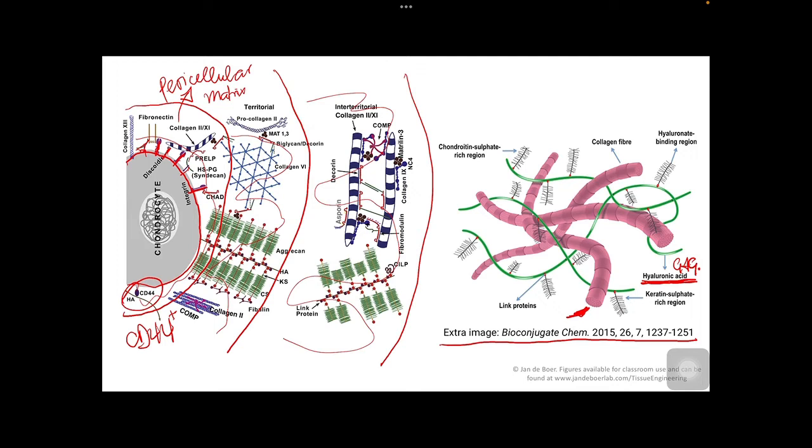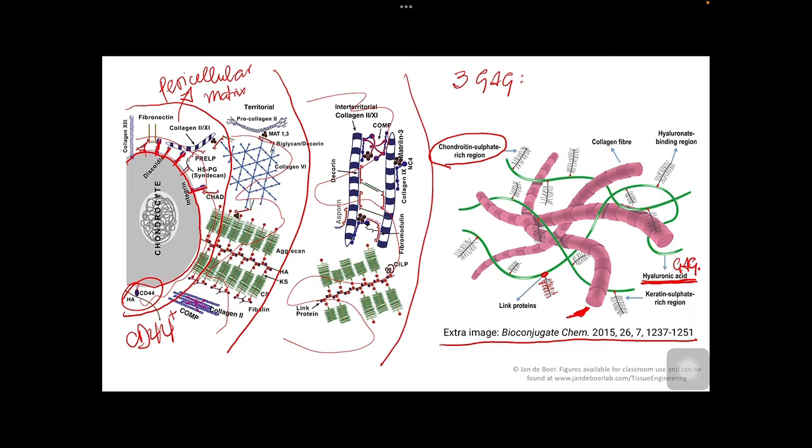And then these glycosaminoglycans have linking proteins, and on these linking proteins, you will have other brush-like structures, which can be chondroitin sulfate or hyaluronic. So basically, cartilage has three important glycosaminoglycans in its structure.